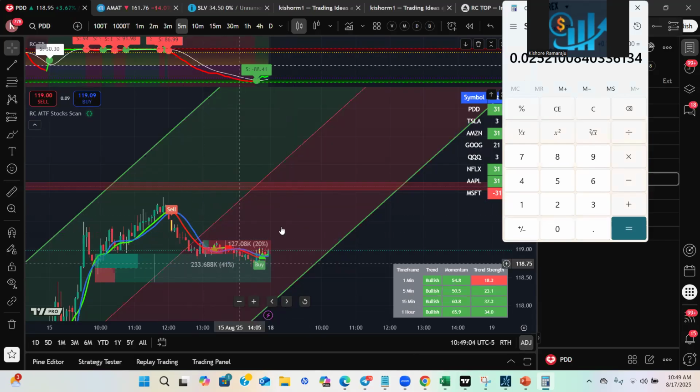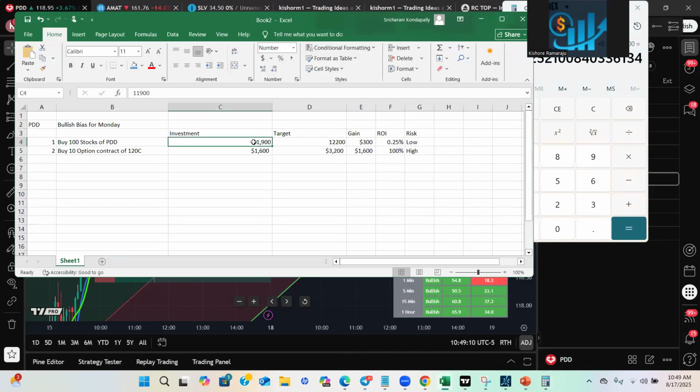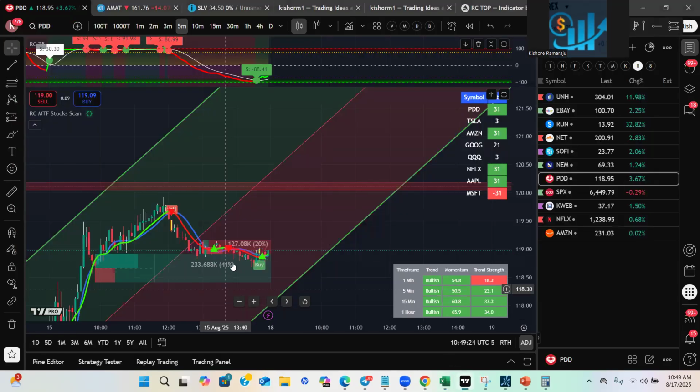The advantage is you can, with a low investment, instead of investing 11,900, you are only investing $1,600 because every contract costs approximately $160 for a 120 call for 822 expiry date. There is very high potential by looking at the order blocks, by looking at all these things.